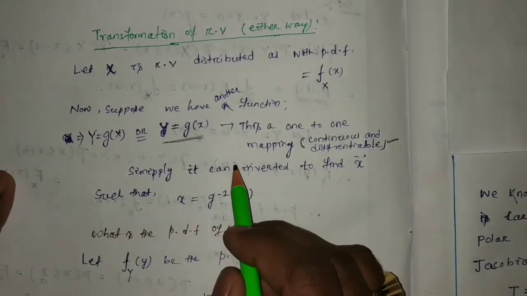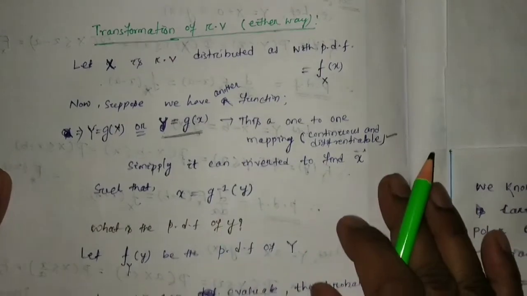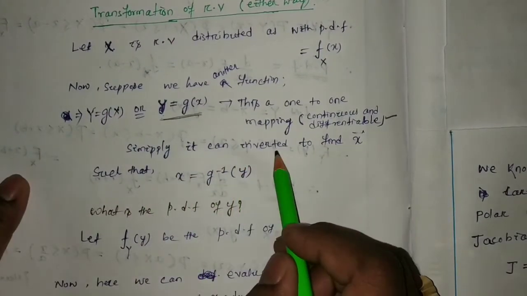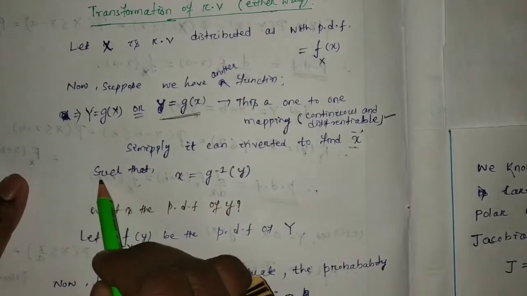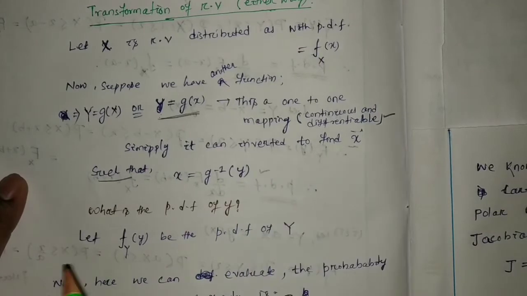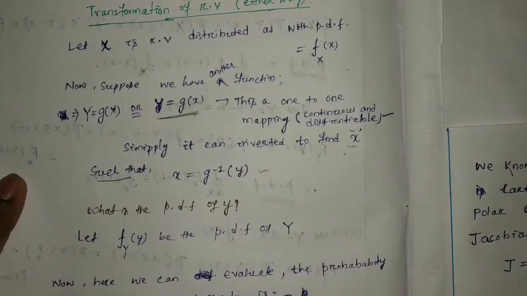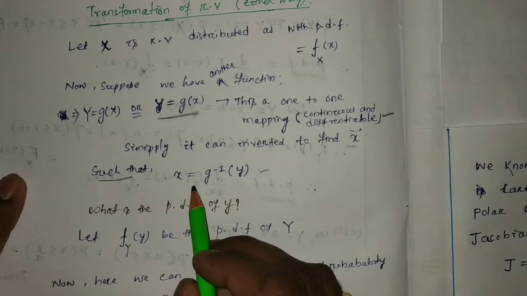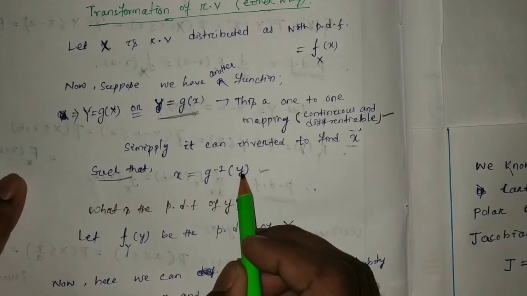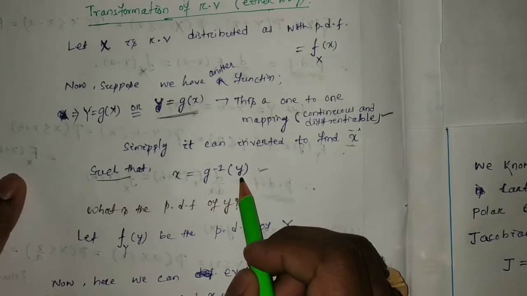Simply it can be inverted to find x, such that x equals g inverse of y, because its inverse has to exist since it is differentiable and continuous.